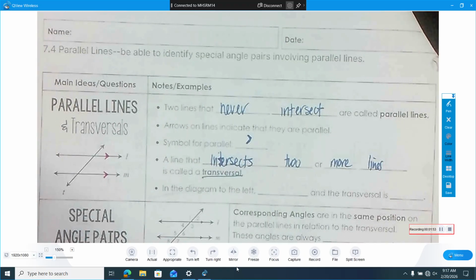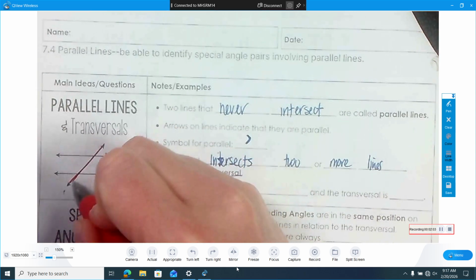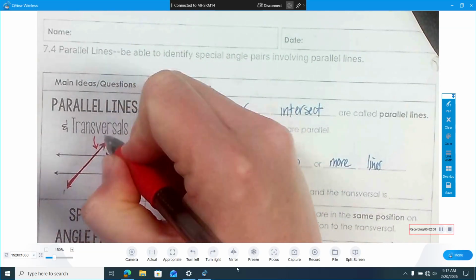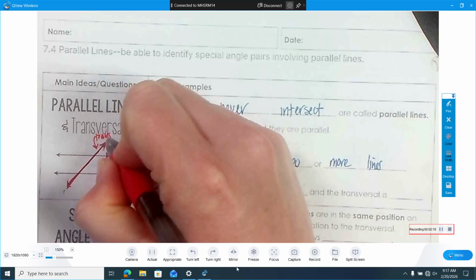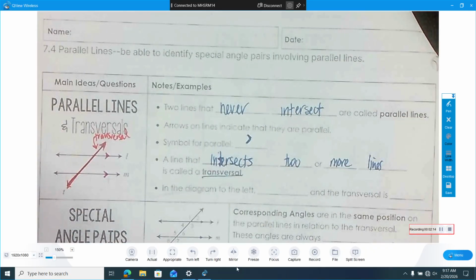There used to be an airline called Transamerica. It means to go across, so all the way across. So here, this line right here is line T, and this is a transversal because it's crossing my two parallel lines. So that red line T right there is a transversal.